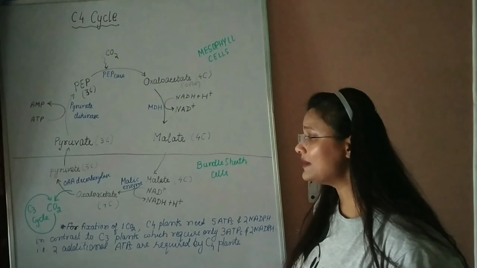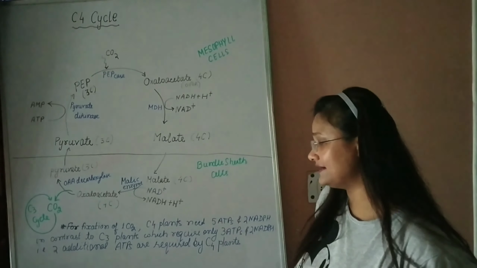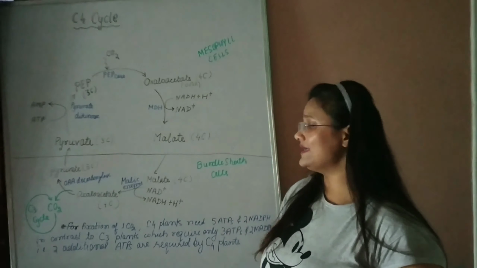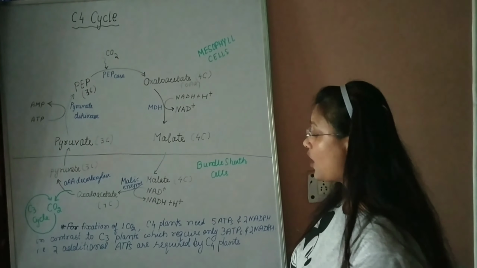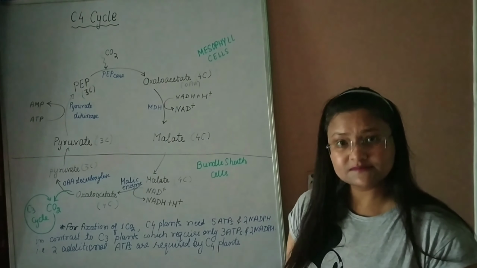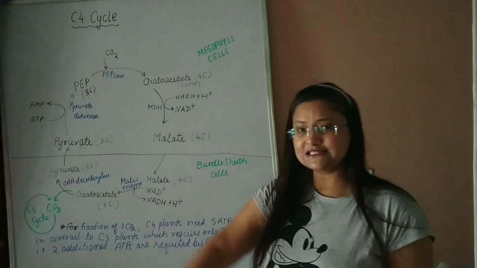So one carbon atom will be removed in the form of carbon dioxide from oxaloacetate. Now this carbon dioxide, which has been liberated from oxaloacetate, will be used to operate the C3 cycle. So that's how the carbon dioxide will not be lost and it will be used in the C3 cycle.